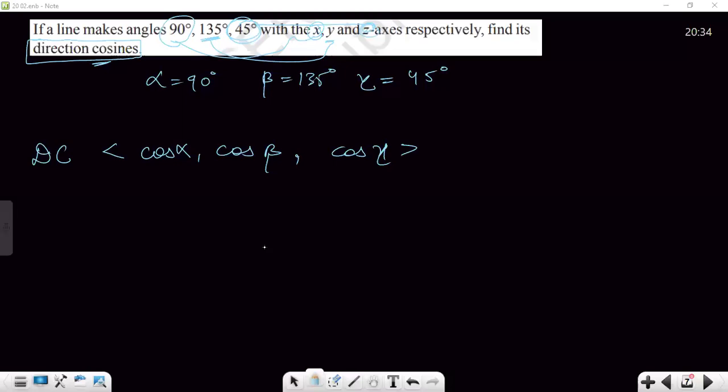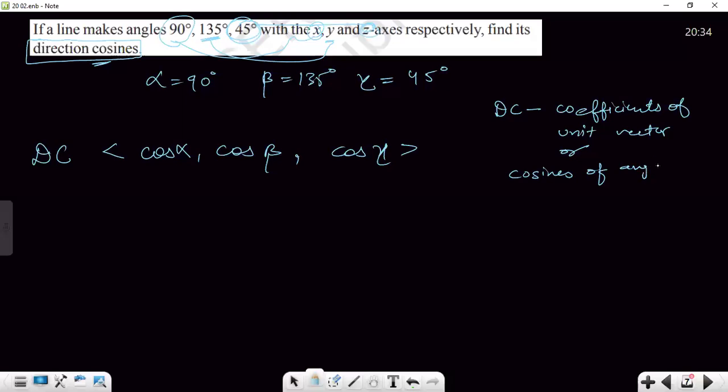That will be the direction cosines. Very right. Or should I write it in a different way? The coefficients of the unit vector, or the cosines of the angles made by the line or vector, whichever we are talking about, with the axes.